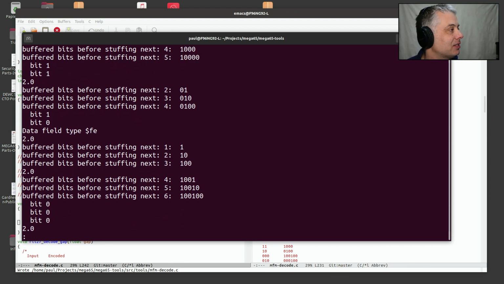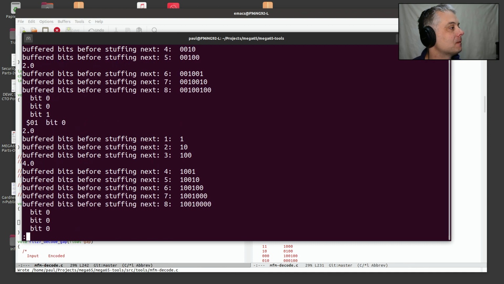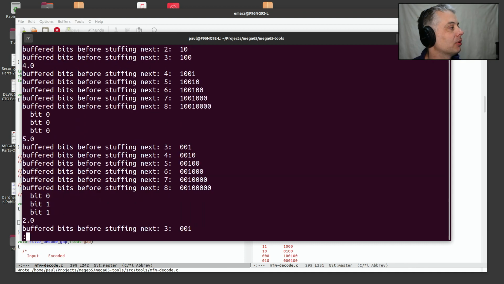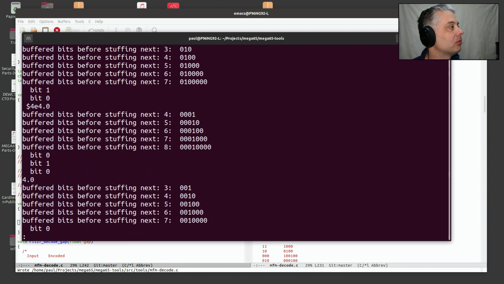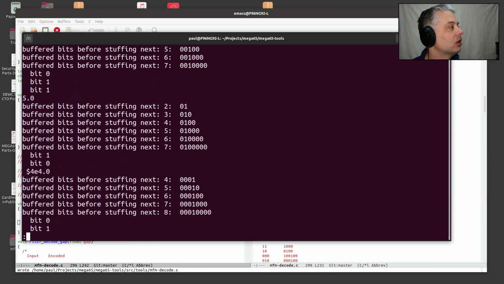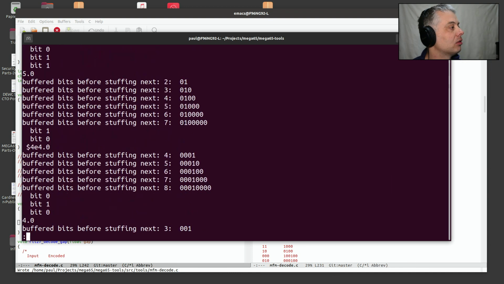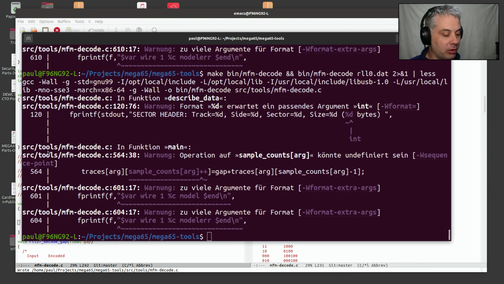Haha! Look at that! Data field type FE. And we're now getting some useful bits. And there's our 4E sync bytes. Okay, I'm just going to turn down the output now that it's closer to working.